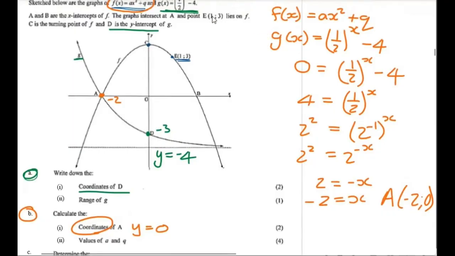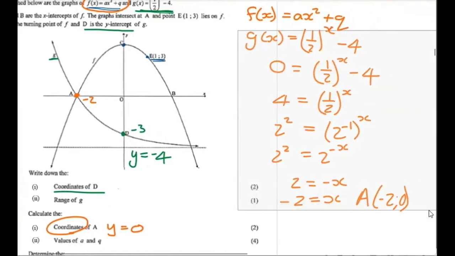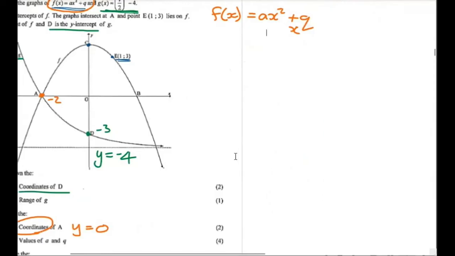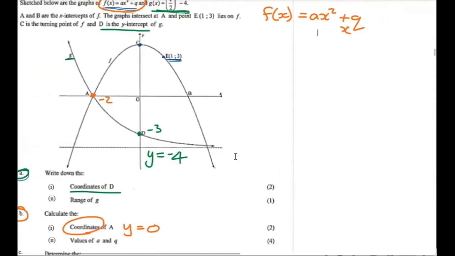Okay. So if it's a parabola, what's the first thing I'm going to do to try and get that equation? I've got two methods to get the equation of a parabola.